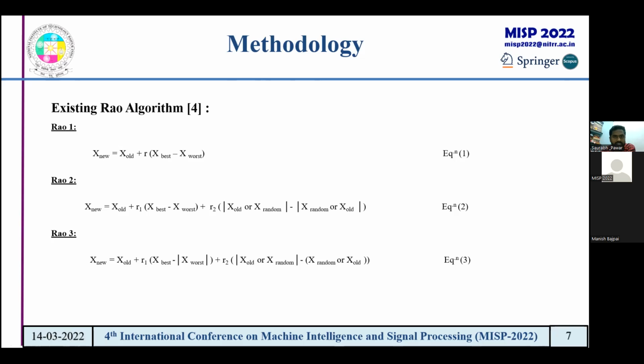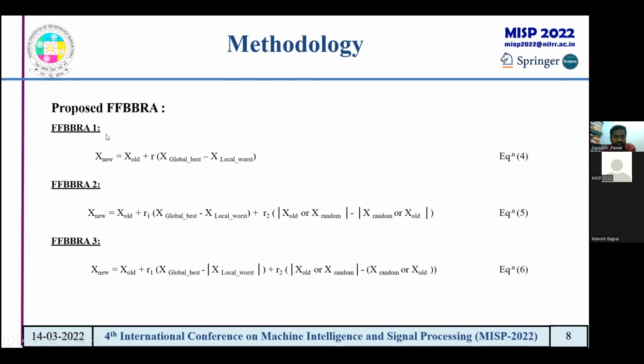Coming to the new methodology, in the proposed fusion behavior based Rao algorithm we have modified the existing methodology. X new is updated such that X new equals X old, the earlier candidate, plus a random number into X global best minus X local worst.